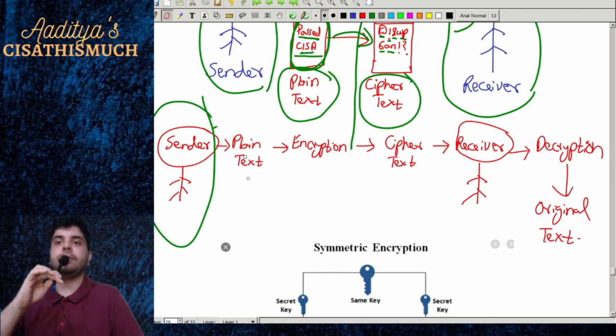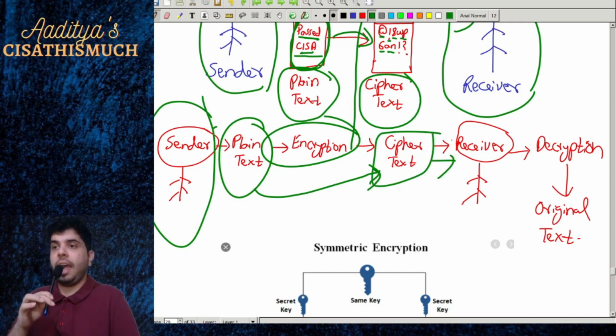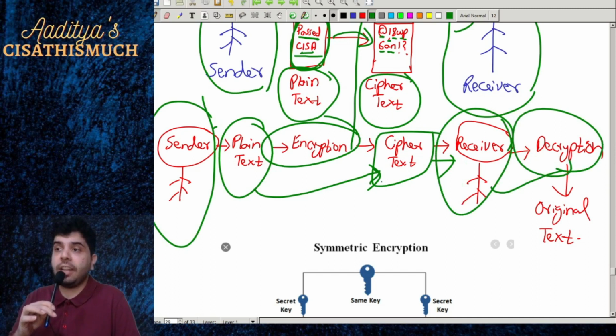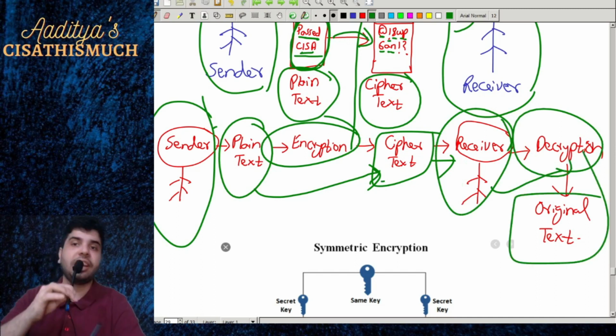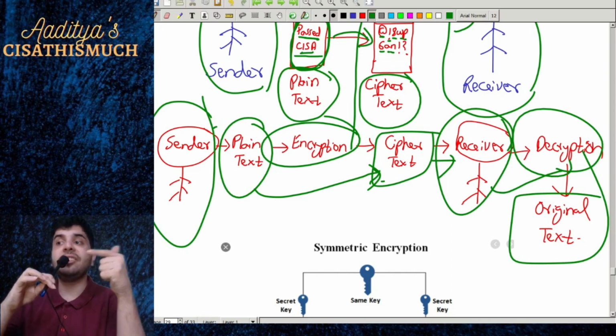Now the receiver receives the ciphertext and decrypts it to get the original text. So plain text is encrypted and then decrypted by the receiver.